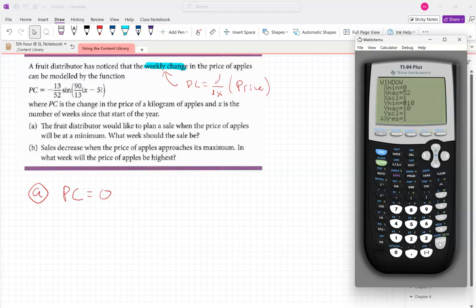I'm just kind of guessing. Does that feel reasonable to you guys? Oops, I put those in the wrong spot. Okay. And then let's hit graph.